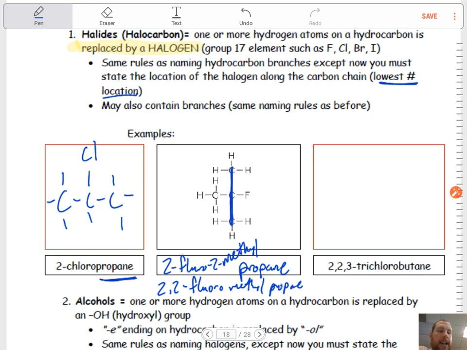Don't get hung up on that either way. Just know that there's a methyl group coming off carbon 2 and there's a fluorine coming off of carbon number 2. But notice again, with these examples so far, it's the same as what we've already done.